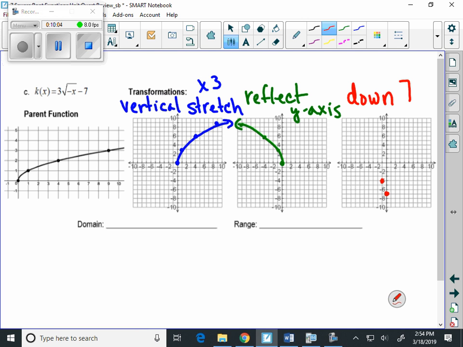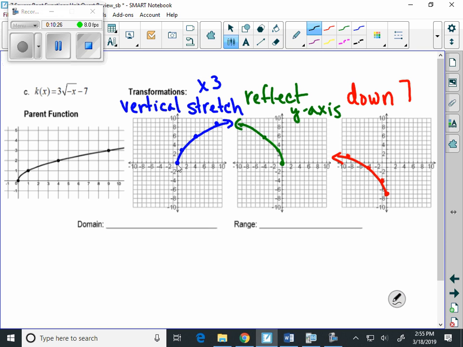And (-4, 6) is going to move down 7, so it's going to be (-4, -1). And (-9, 9) is going to move down 7, so it's going to be at (-9, 2). And there's our completed graph.